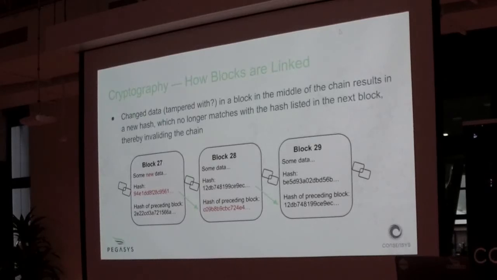So effectively it cuts the chain, if you like. Any questions on that? No? Okay, so that's the first part, how blocks are linked.